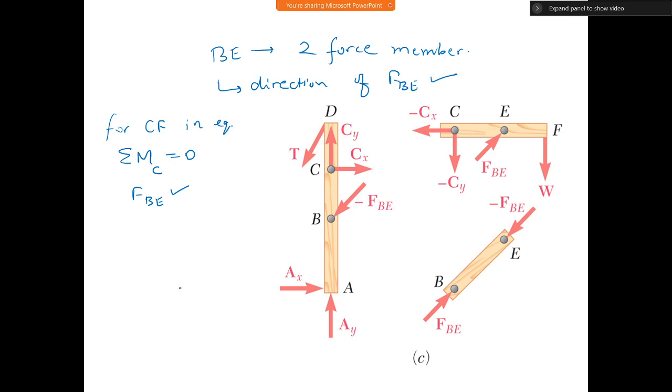Geometry is known, we can solve that. Then we can apply summation of Fx is equal to 0, summation of Fy is equal to 0, and we can solve for Cx and Cy. The reaction forces at joint C can be calculated.